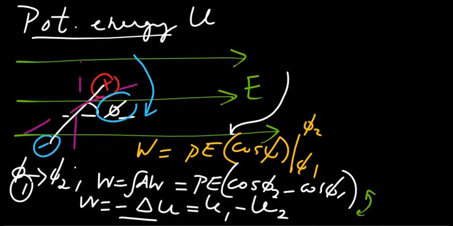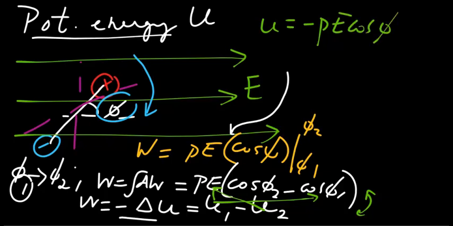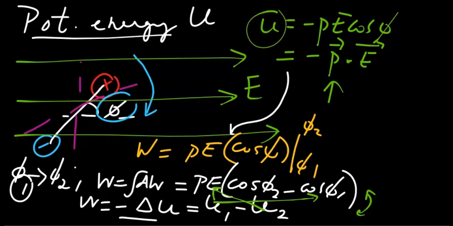Comparing these two expressions, you see U is simply minus PE cosine phi, or in terms of vectors, it is minus P dot E. Since P is the dipole moment vector, it's the dot product of the dipole moment vector and the electric field that gives you the potential energy.